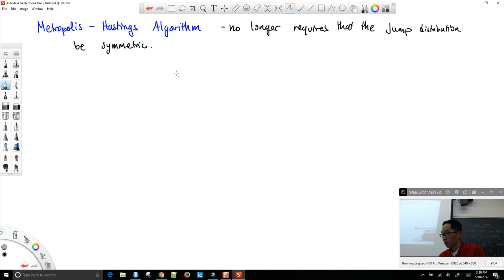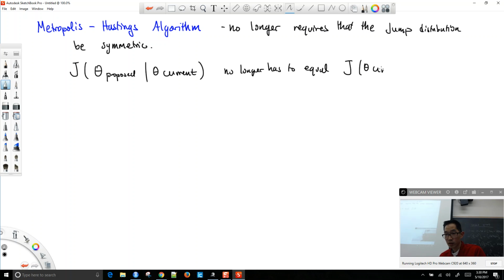So J for theta proposed given theta current no longer has to equal J for theta current given theta proposed.